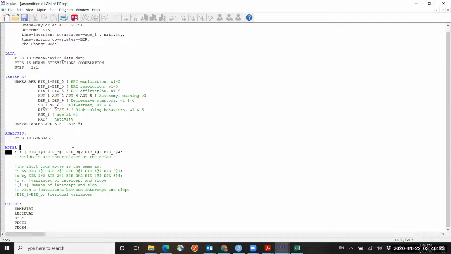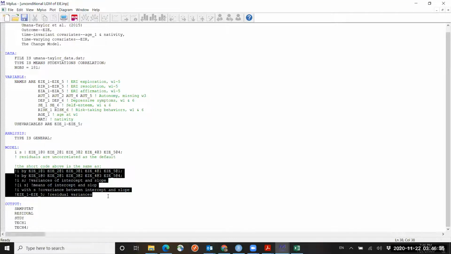This shorthand that Mplus has for latent growth models can be written the long way, just like in a CFA. What I wrote here are all the parameters being specified.